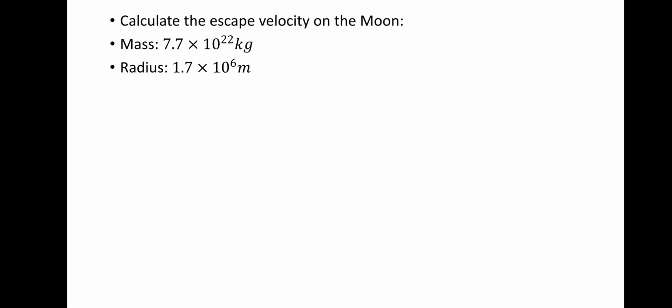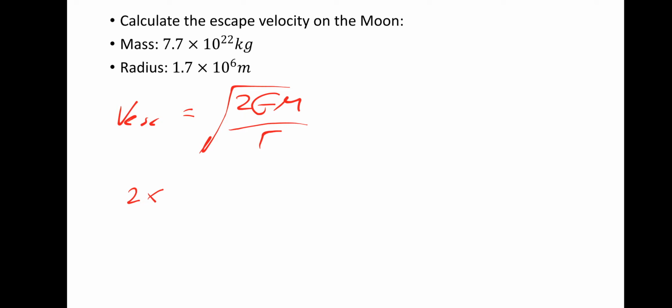So last question: calculate the escape velocity on the moon. If you want to pause and have a go, very straightforward. For fun, you can practice where the escape velocity equation comes from. So v escape is equal to the square root of 2GM over r.